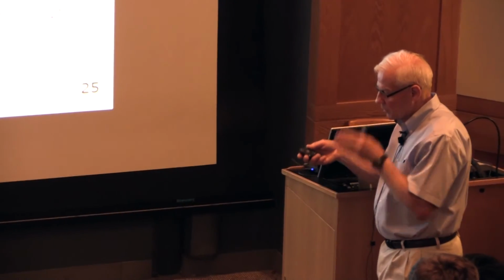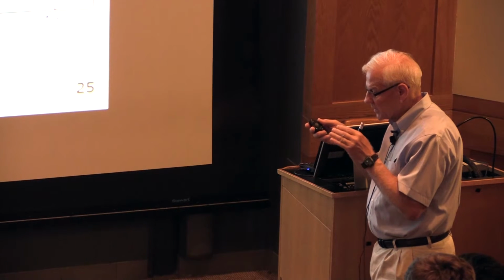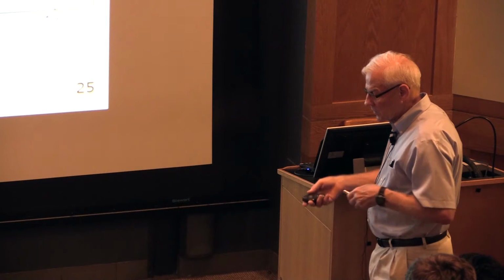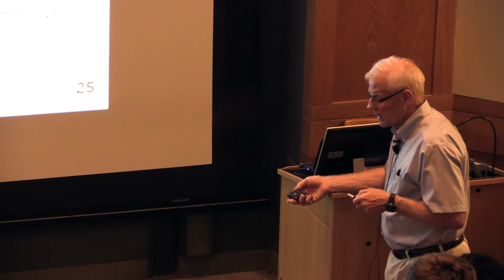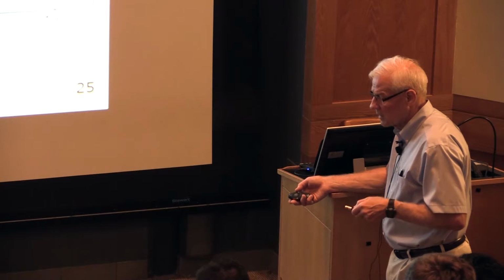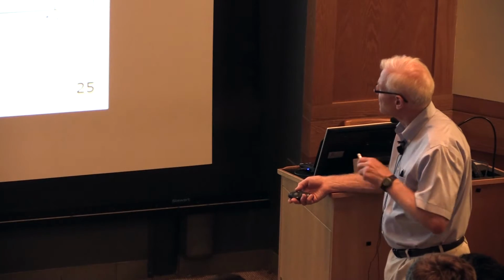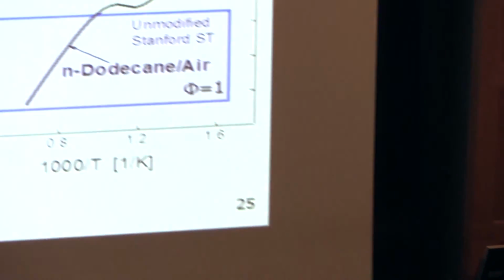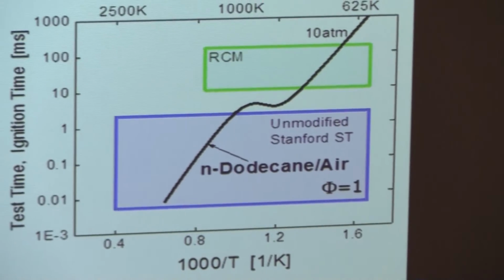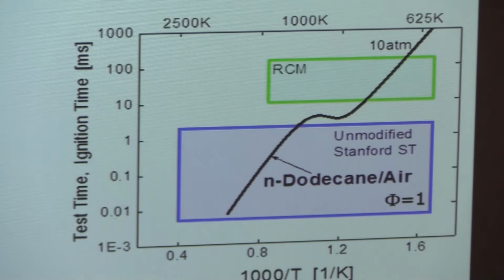It's isentropic compression to some peak pressure, and then typically the pressure declines because of heat transfer to the sidewall. So in a rapid compression machine, instead of having a step change in pressure, you get a gradual change in pressure followed by a gradual decay. So it's a different kind of device. It's typically used between about 10 and maybe 150 milliseconds. And it's also a little bit outside the most interesting regime, but they can access this part.